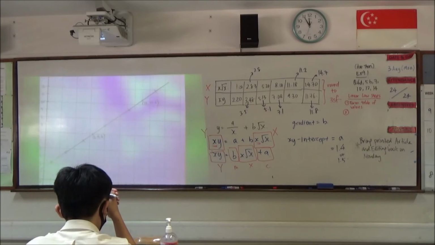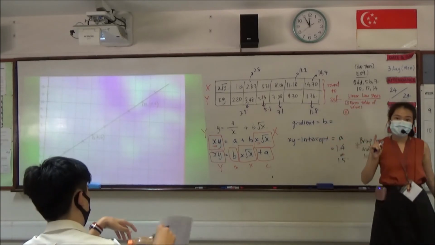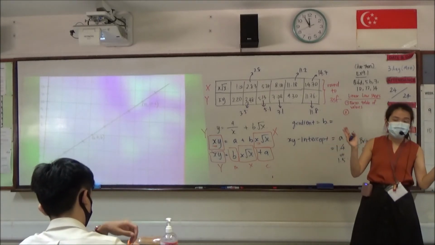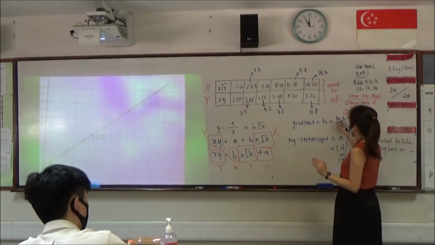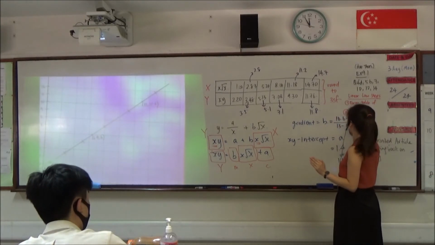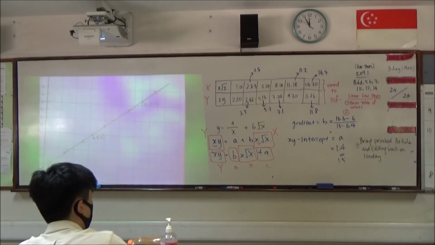So after that, I find the gradient now. For the gradient, use the formula y2 minus y1 over x2 minus x1. So 10.6 minus 6 over 13 minus 6.4. Then go and calculate. Leave the answer to 3sf.